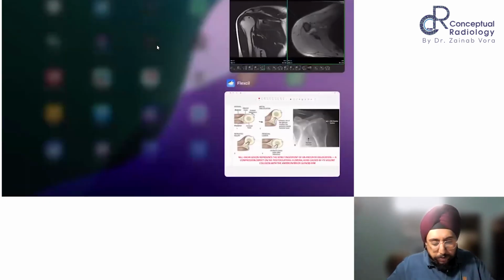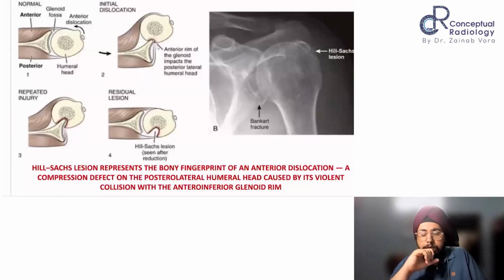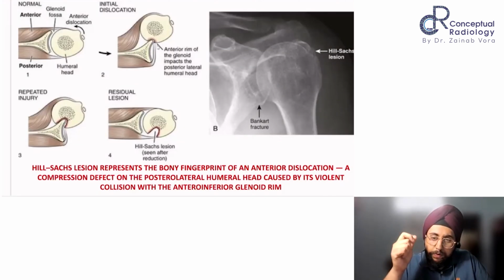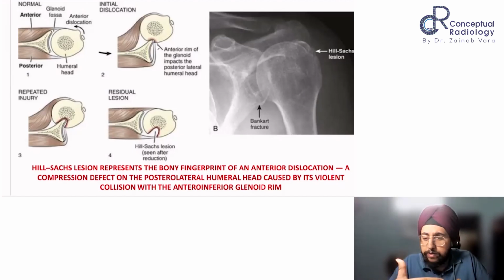So now let us move on to the pathogenesis of the Hill-Sachs lesion. It's basically a bony fingerprint of an anterior dislocation. It is actually the cause of second and subsequent recurrent dislocations, but it forms after the first anterior dislocation of the shoulder.